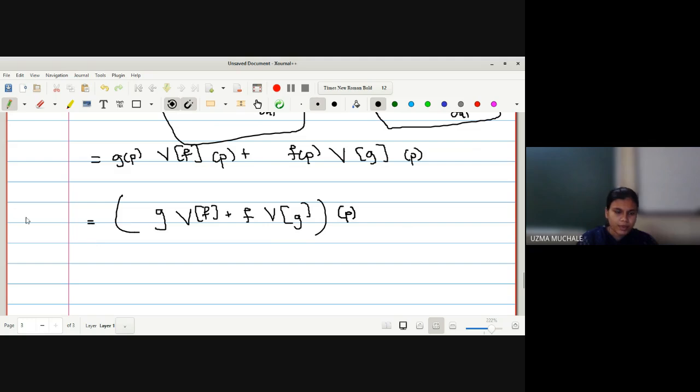From where we started, we started with V[fg], the product of functions we are evaluating, and p is an arbitrary point in E3 space. So the result is true for any point p in E3 space. If anyone has a doubt about all these properties you have seen for a tangent vector or the vector field, you can ask.